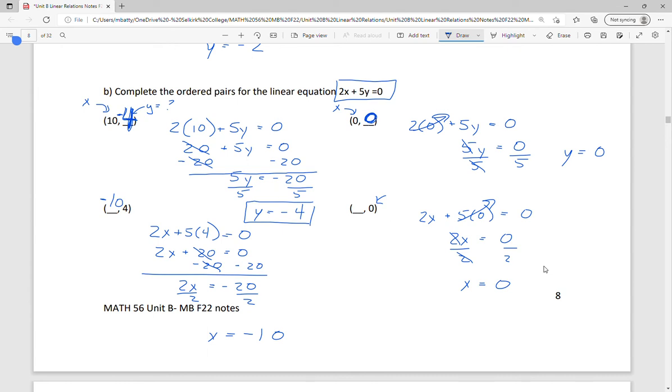Well, if y is 0, then x is going to be 0, right? We've just done this question two different ways to find the same answer. So all we're doing with these is finding solutions, but you need to be given one of the pieces of information, right? Then it's just like solving a one variable equation.